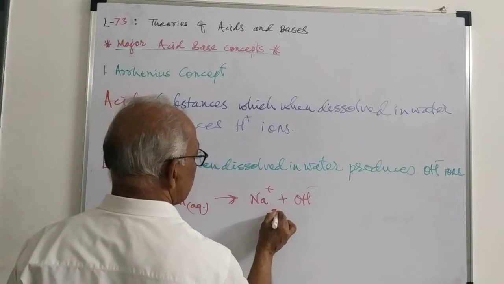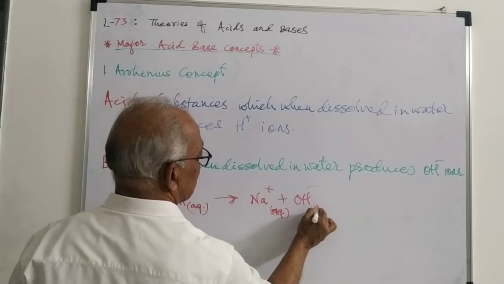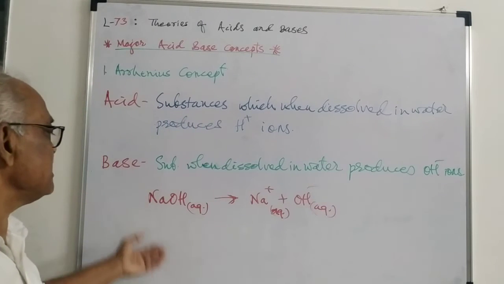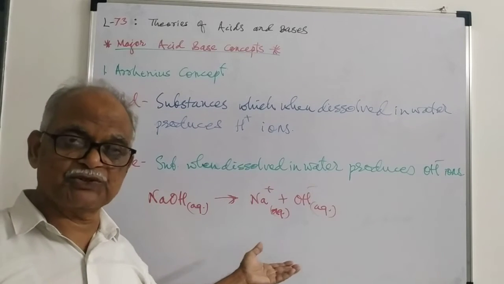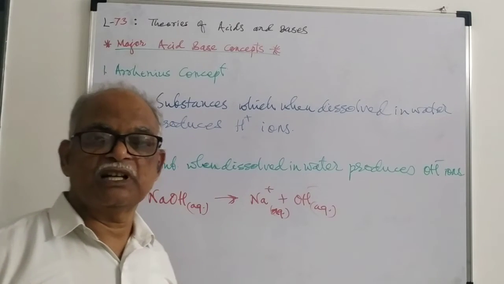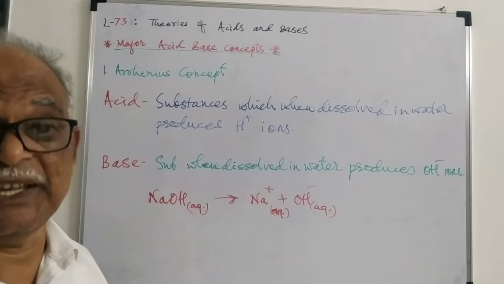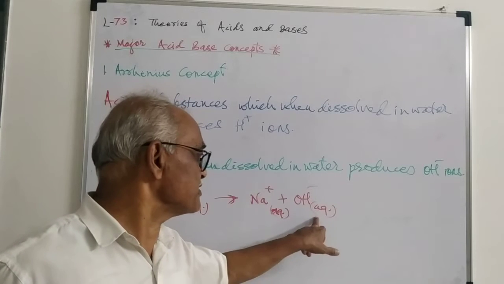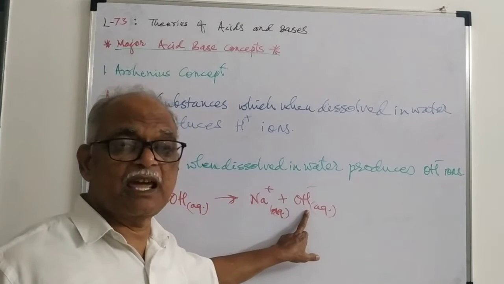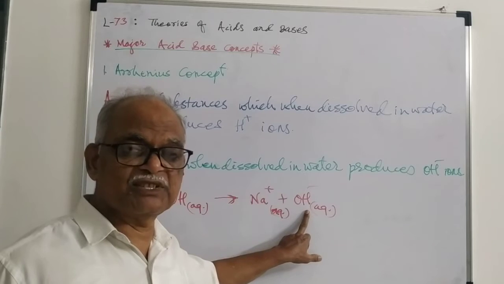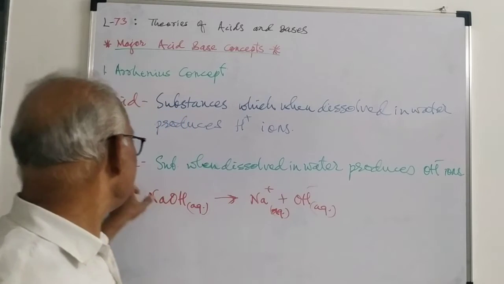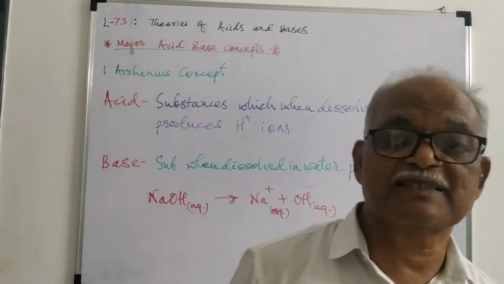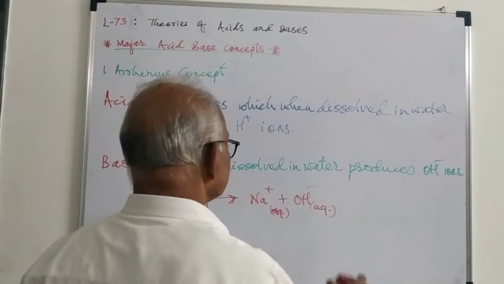These are also aqueous ions; aqueous means they are present in water. Similarly we can show KOH, calcium hydroxide, or any other metal hydroxides, which have a tendency to release OH minus ions. Because of this capability to release OH minus in water, they are called bases. We can have a number of such examples of bases.